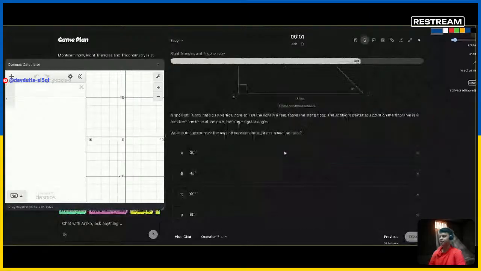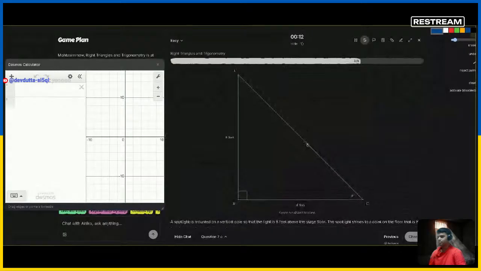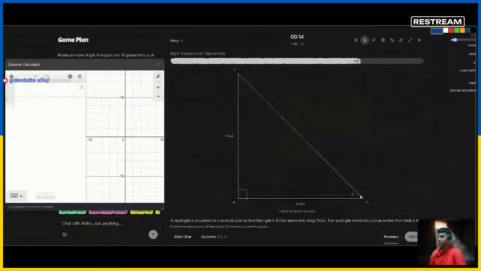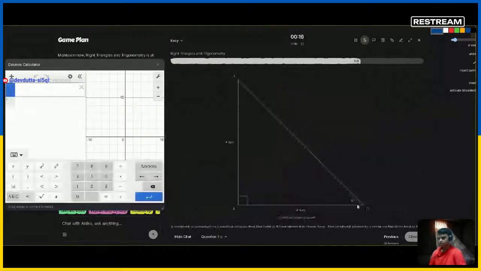Okay, nice, love it. A spotlight is mounted on a vertical pole. What is the measure of angle theta between the light and the floor? So we want to find this.